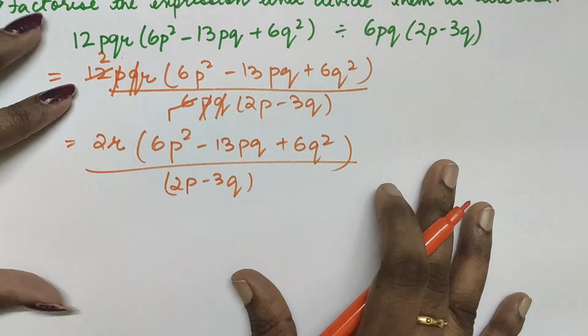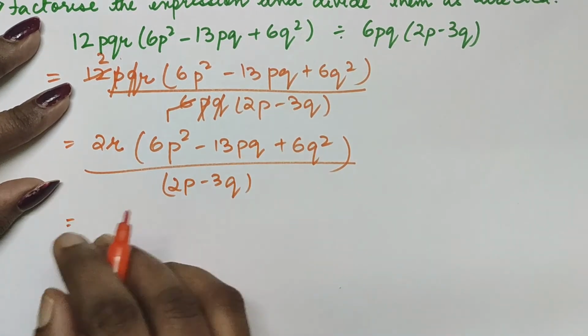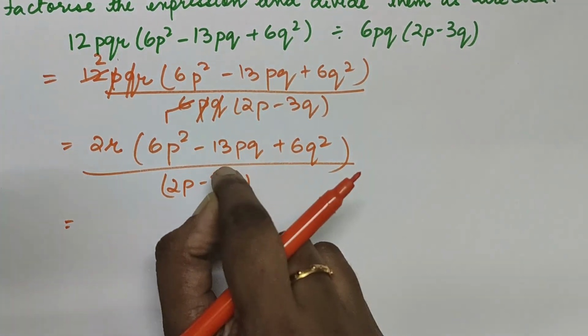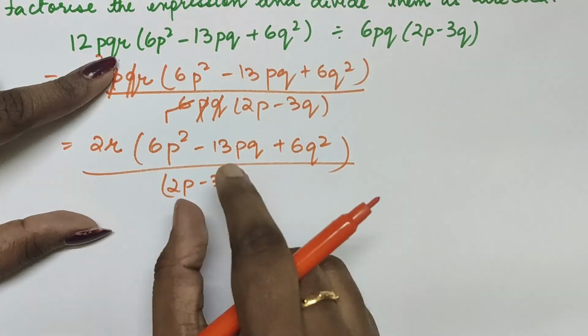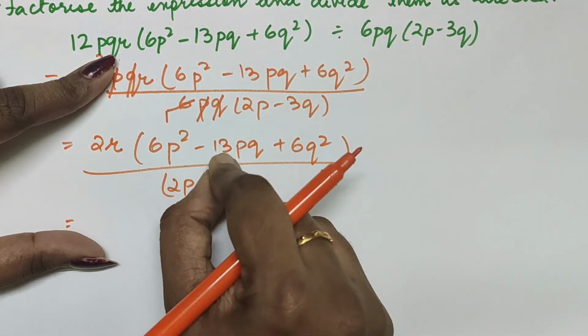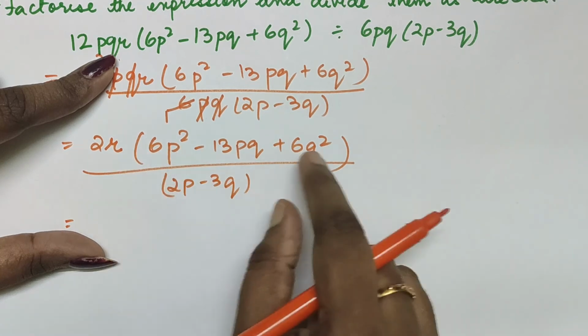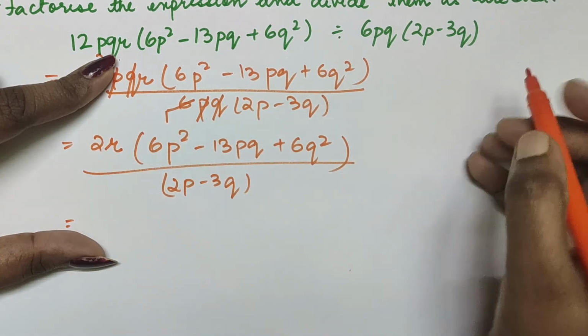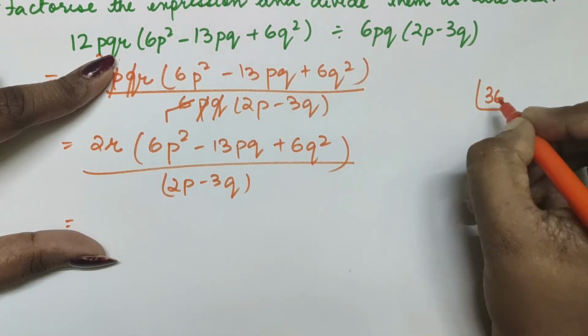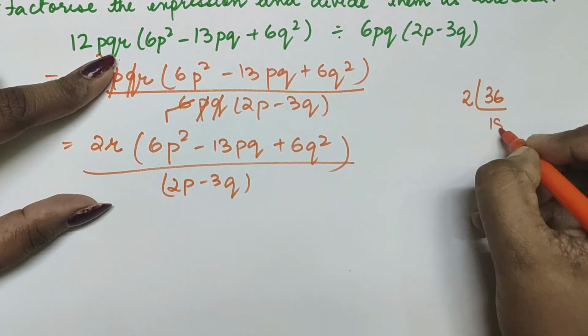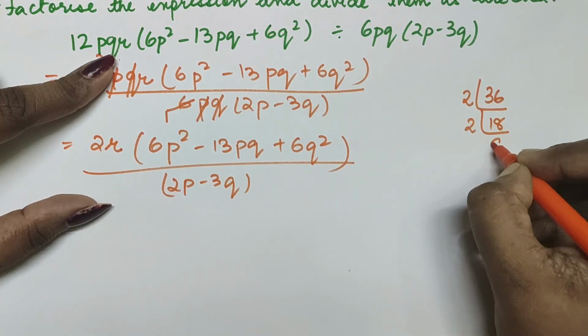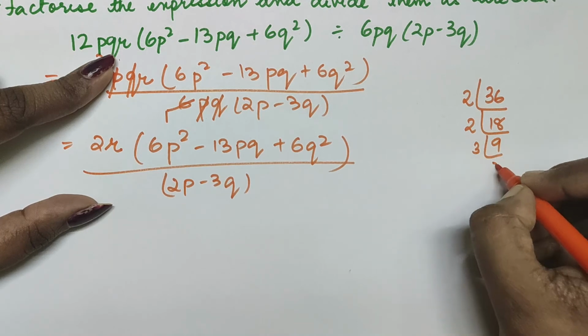Now we will use the basic method of splitting the middle term. We divide the middle term into two parts so that we get minus 13 when we add, and when we multiply we get 6 into 6, 36. So how can I break it? For 36, you can do the prime factorization to easily get the various combinations of numbers.